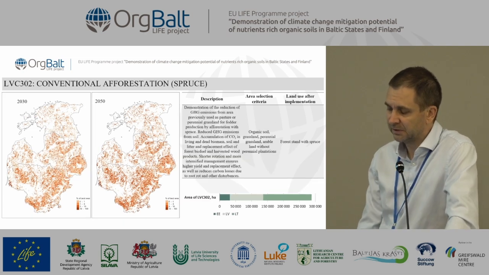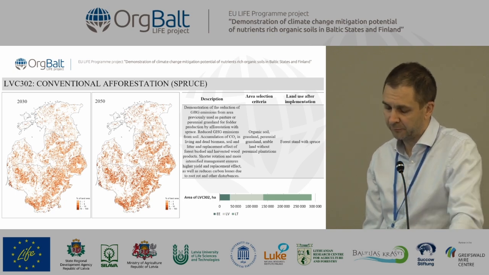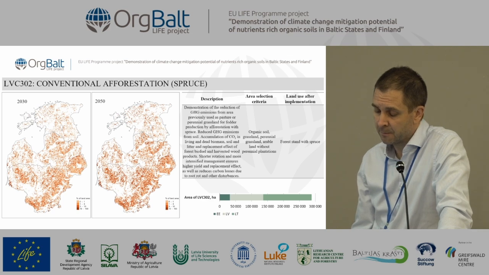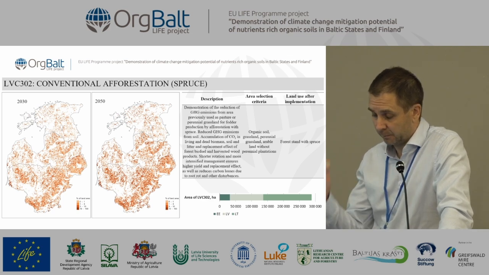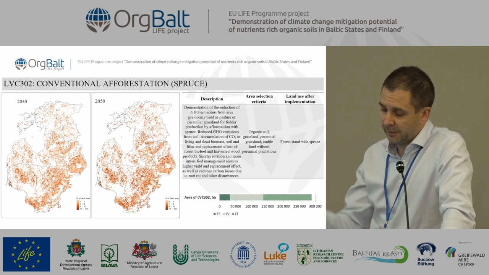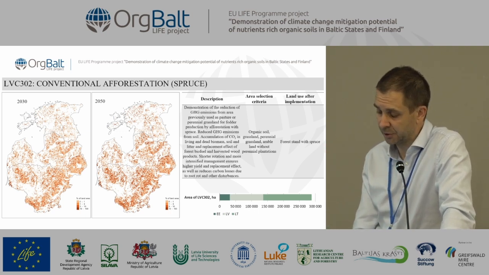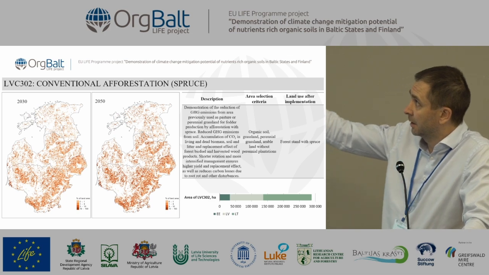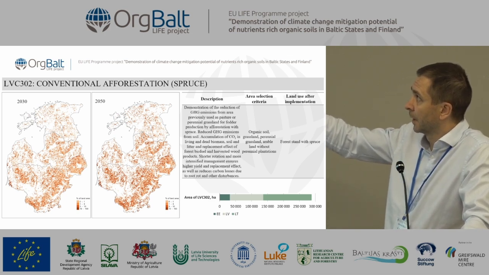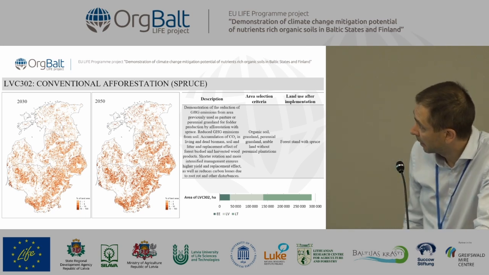And the same kind of exercise we also made for other scenarios. For instance, here is the afforestation scenario, and the same: we have a description of what is done, area selection, before and after implementation of the measure. In this case, organic grassland, perennial grassland, and arable land without perennial plantations are becoming dispersed forest land.